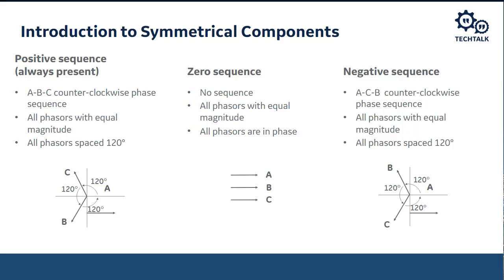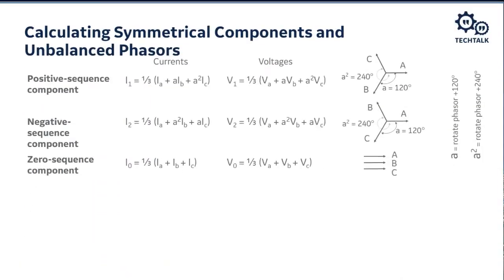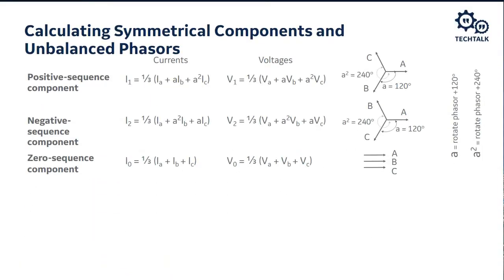And the way that we will arrive there is through this mathematical technique. The formulas that I'm showing on the screen right now calculate the positive, negative, and zero sequence components. I'm showing it for currents and voltages.